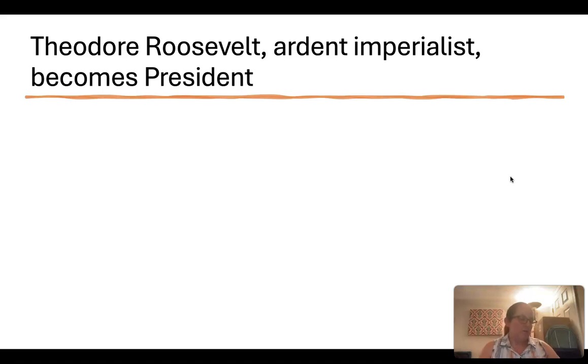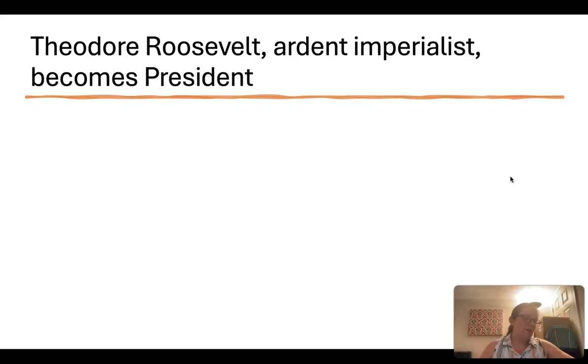McKinley ends up defeating his anti-imperialist opponent, William Jennings Bryan, in 1900. And this election, McKinley's victory in 1900, is really seen as a vindication of American imperialism. Teddy Roosevelt had been picked as McKinley's vice president.